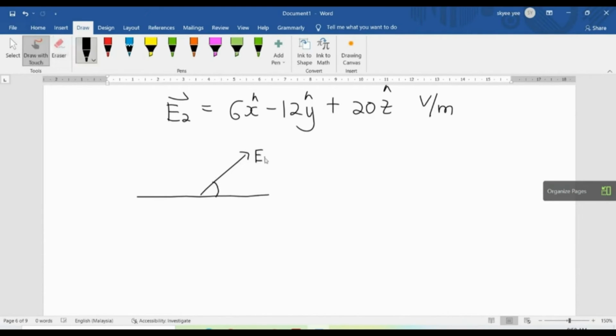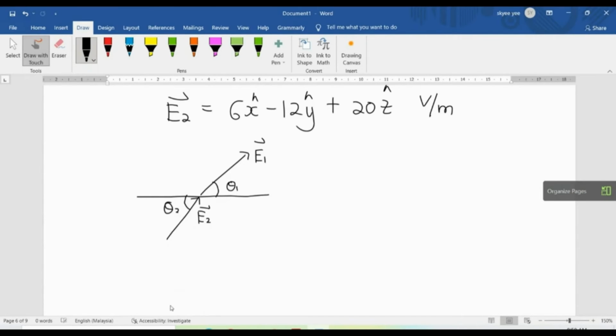Then you have E2. The angle with the interface will be this one, theta 1, and this is theta 2.